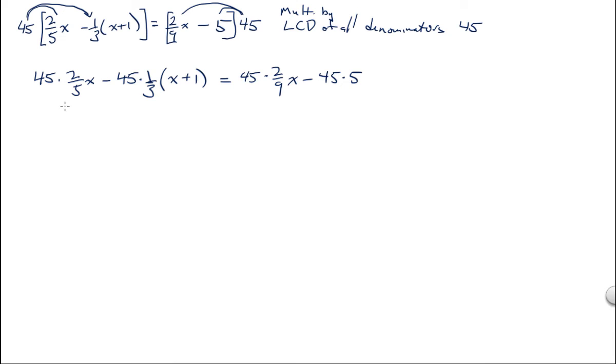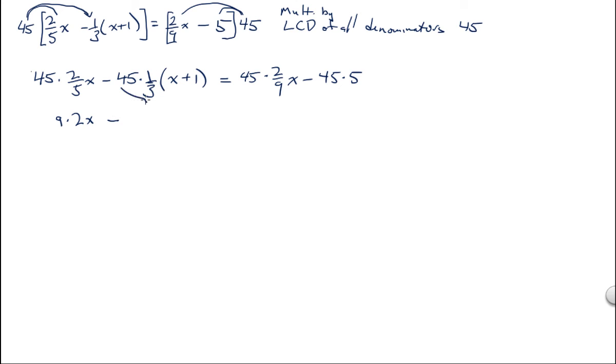All right. Now this seems kind of messy, but remember, you might be able to skip some steps as you go, because all you need to notice is that 45 divided by 5 is 9. That kills off that 5, and you just have a 9 on top, if you will. 9 times 2x.